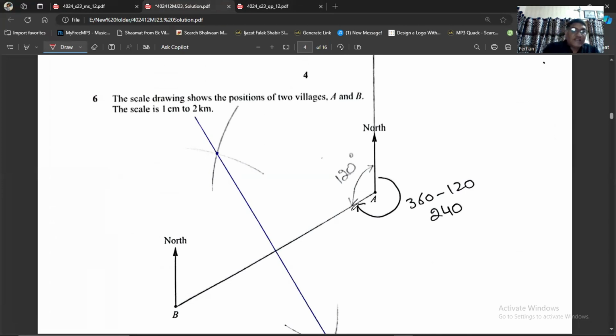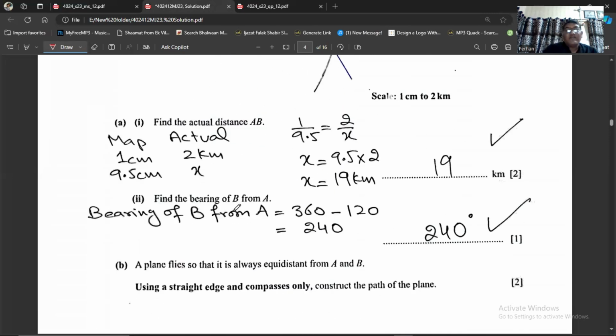First of all, I will measure this angle, and when I measured it, it is 120 degrees. So this angle will be 360 minus 120, and that will be 240. So the bearing of B from A will be equal to 240.